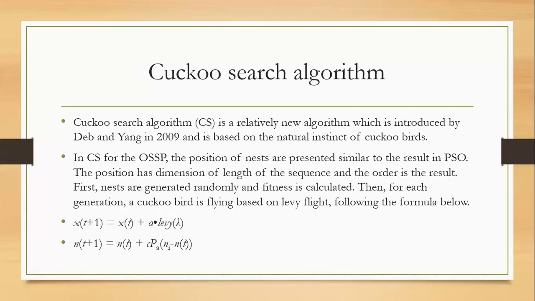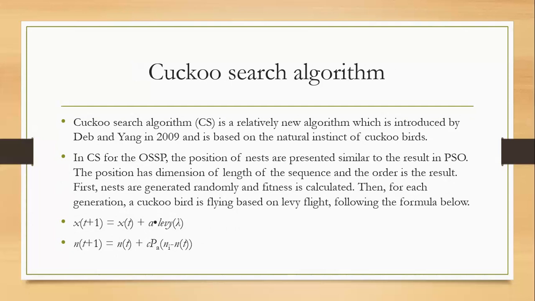If the new result is better than the nest, the cuckoo bird's egg successfully replaces the egg in the nest and the position of the egg changes to the new result. After that, nests are abandoned at a given probability and the new nests are generated following the second formula here. In the formula, C is a random number and PA is a given abandoned probability.